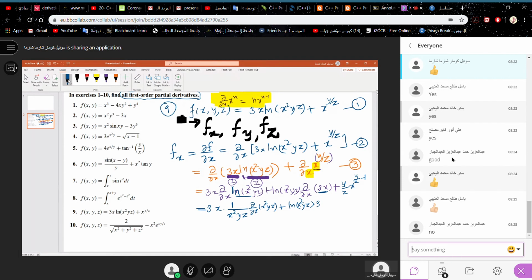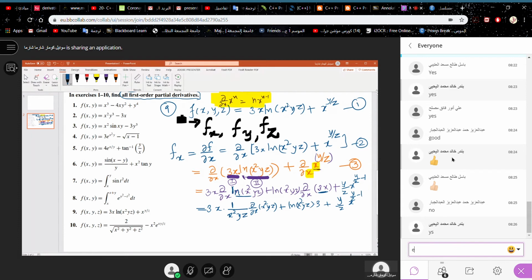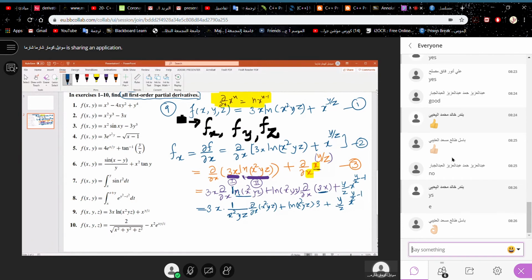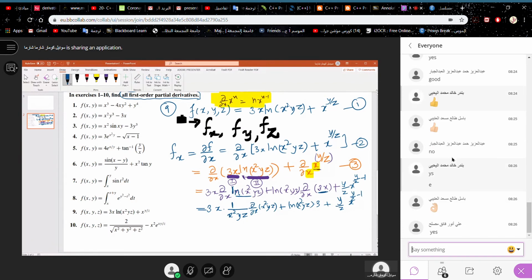This is 3 plus y upon z x to the power y upon z minus 1. Is that clear? Is that fine?